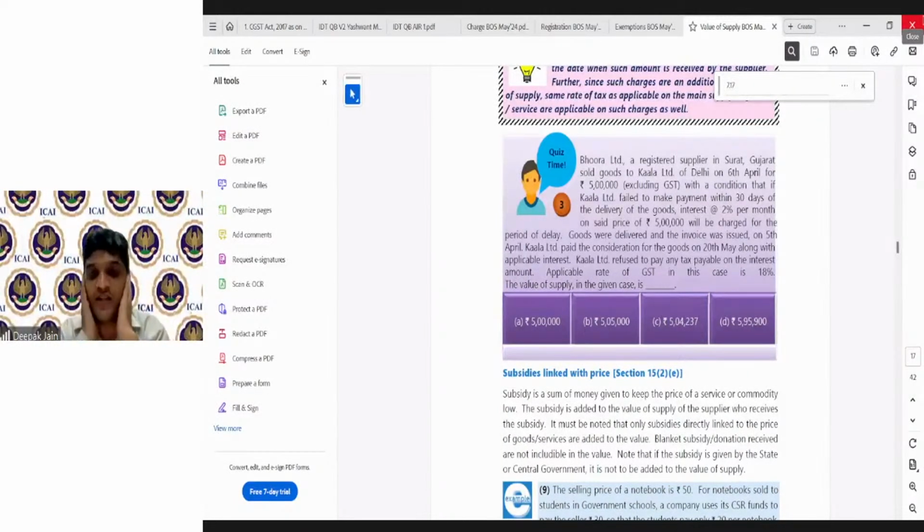Now, how many days is the delay? He has issued it in April, correct? On 6th April he has issued it. Here it says that the invoice was issued on 5th April, and that interest will be charged if they fail to make the payment within 30 days of delivery of the goods.